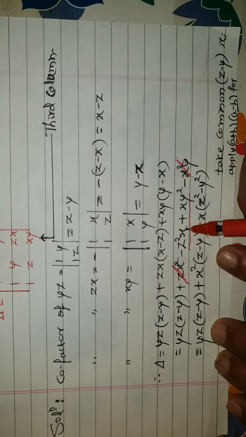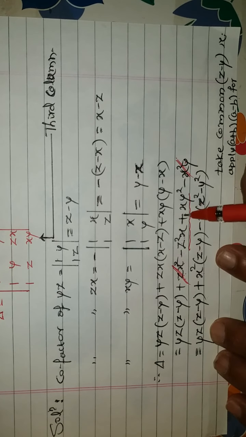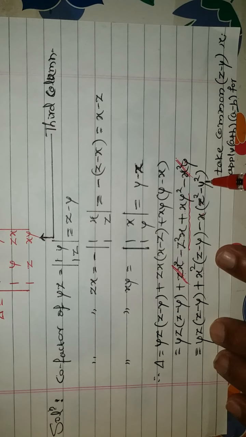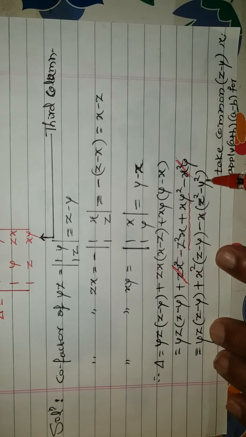What is the common factor in these two terms? Minus x is the common, only x is the common, into the bracket z square minus y square, because I have taken minus x, then here the z square, and this becomes minus y square.